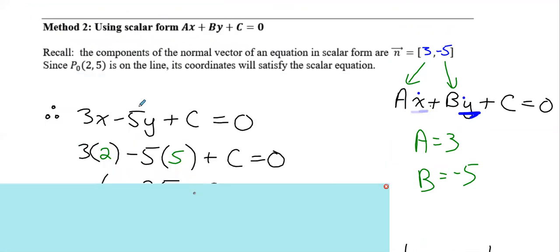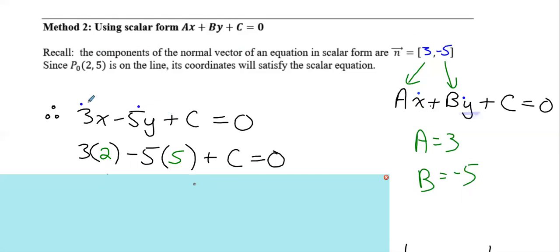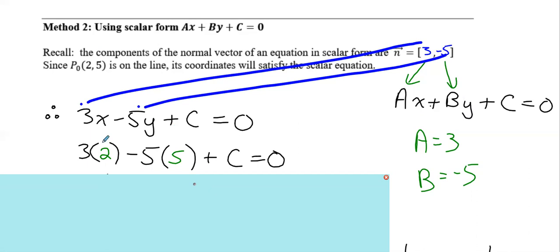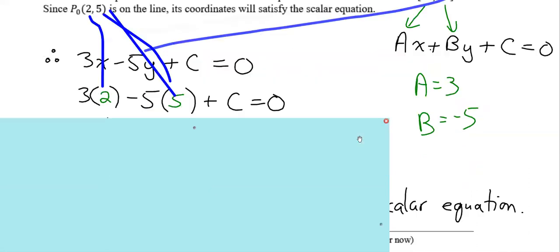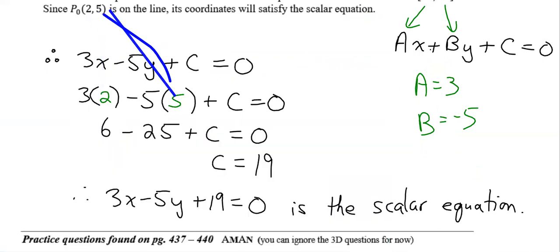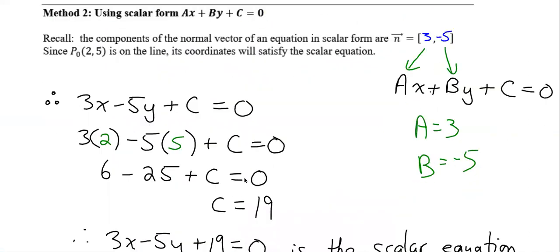So this is coming from the normal vector, the 3 and the -5. The 2 and the 5 are coming from the x and the y. And then we simply need to solve for c, and we'll get that result. Same equation as we did earlier.